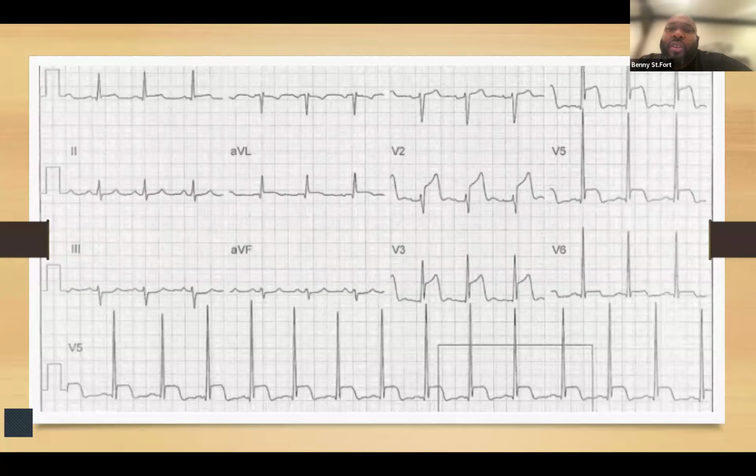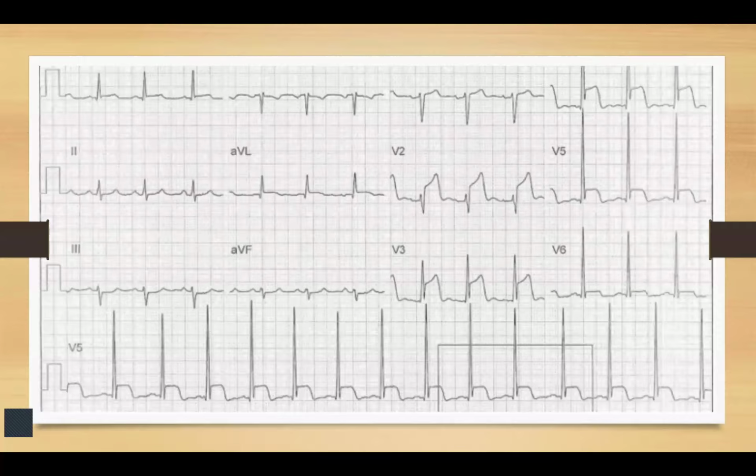Okay, so just describe it. You don't have to say, but just kind of describe it. It looks like there's some elevations in V1 to 3, 4, 5. Perfect.